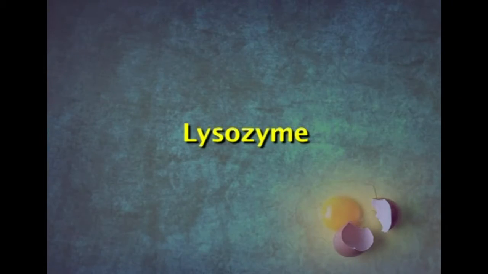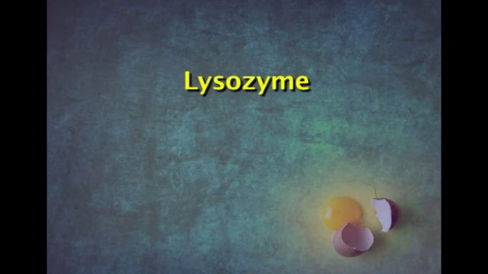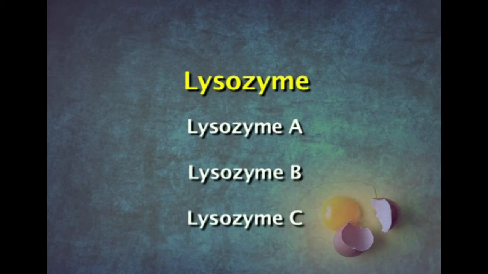Now, lysozyme is one of the contents of the egg, and it is to an extent of 3.5%. This is an enzyme which is capable of lysing or dissolving the cell wall of bacteria, and it is composed of three components: lysozyme A, lysozyme B and lysozyme C. Now, avidin binds biotin and makes the vitamin unavailable when the egg is in a raw state or when the egg is not cooked and consumed as it is.